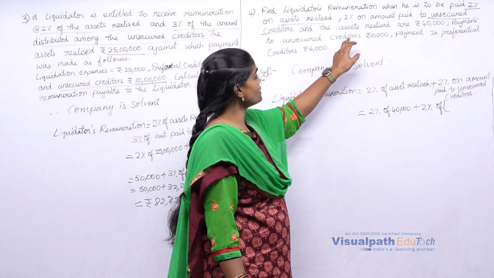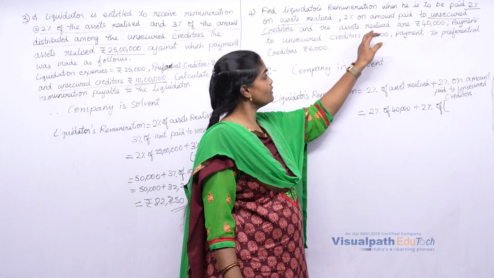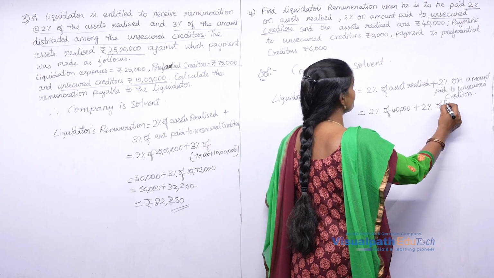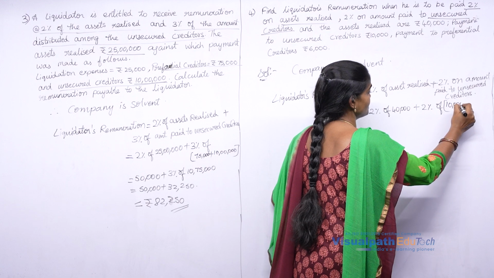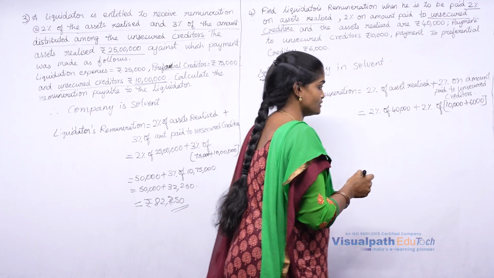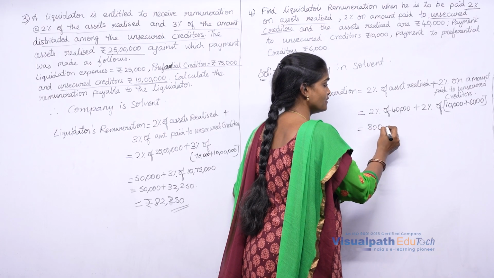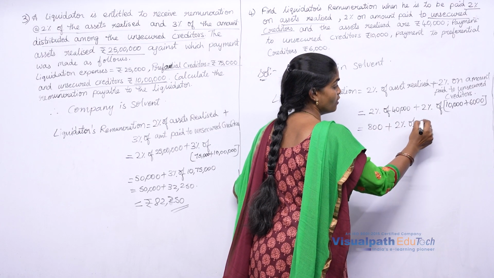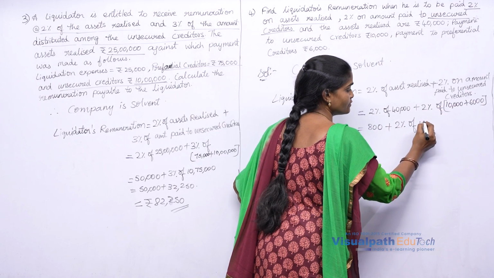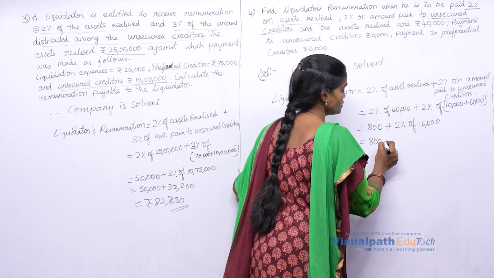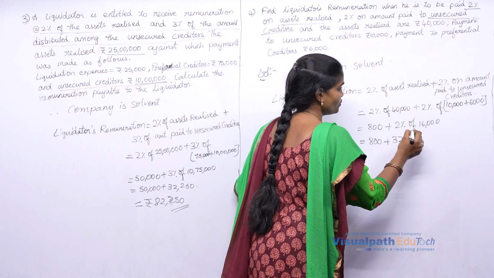Here, unsecured creditors are only 10,000, but we will include preferential creditors also, 6,000. So, total 10,000 plus 6,000. So, 2% on 40,000 is rupees 800 plus 2% of 10,000 plus 6,000. You will get 16,000. So 2% of 16,000 will be 320.